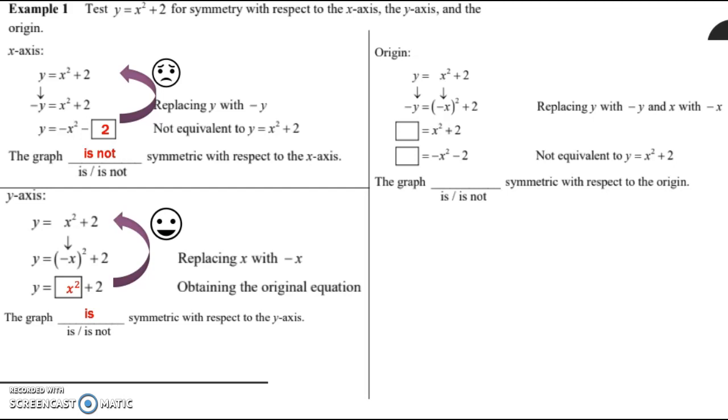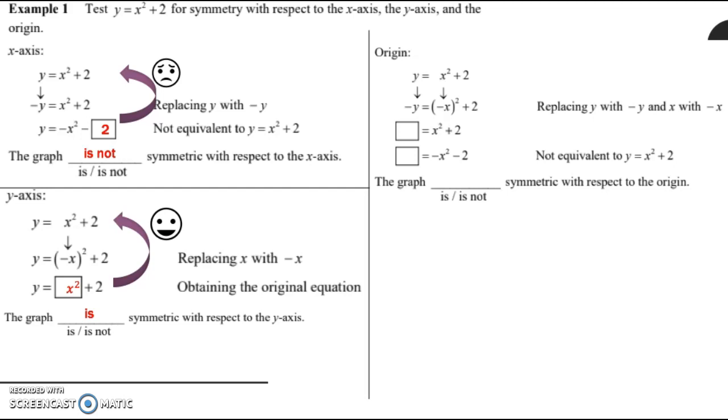Let's determine if it is symmetric about the origin. So when I determine if it's symmetric about the origin, I have to replace both x and y with their opposite values. So I'm going to change y to negative y and x to negative x.